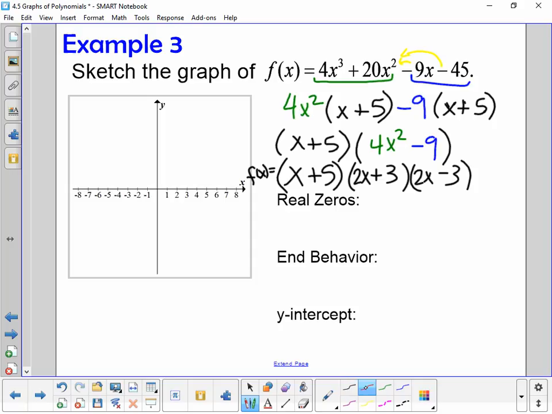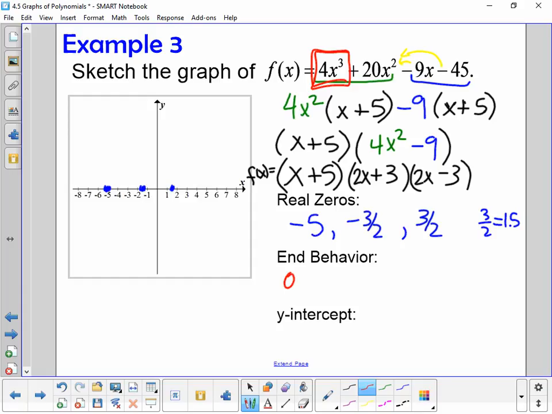So the real zeros of this function are going to be negative 5, negative 3 halves, and positive 3 halves. Remember that 3 halves is about the same as 1.5. So on our graph, we've got an intercept here, and here halfway between 1 and 2, and here halfway between the 1 and 2, both positive and negative. End behavior of this function comes from the leading term because it's in standard form.